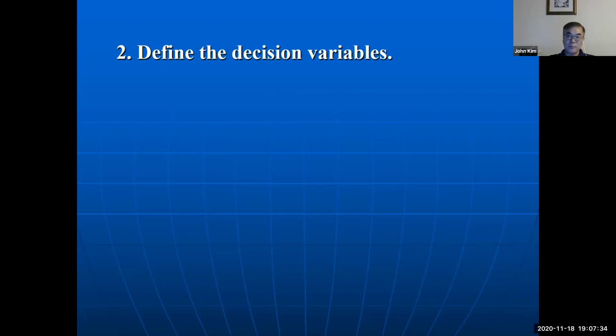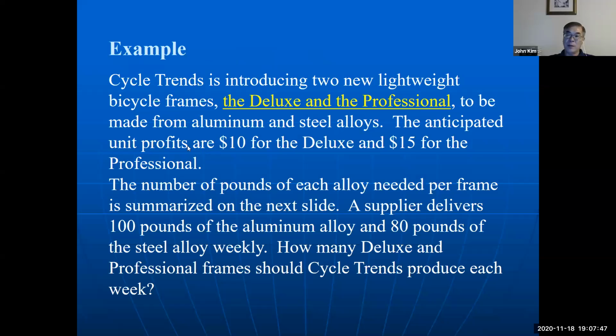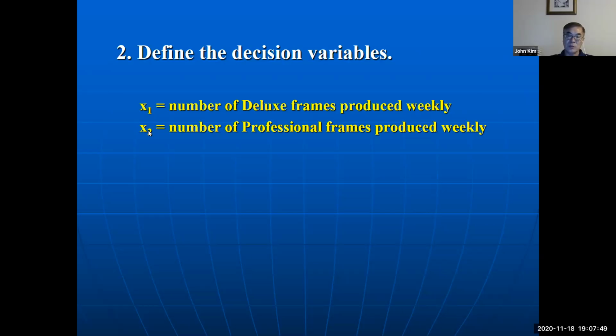Because this company produces 2 products, there are 2 decision variables, deluxe and professional. And we denote them by X1 and X2. So they are the number of deluxe frames produced weekly and the number of professional frames produced weekly.